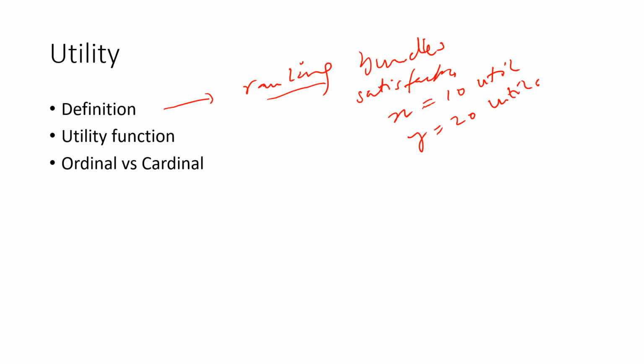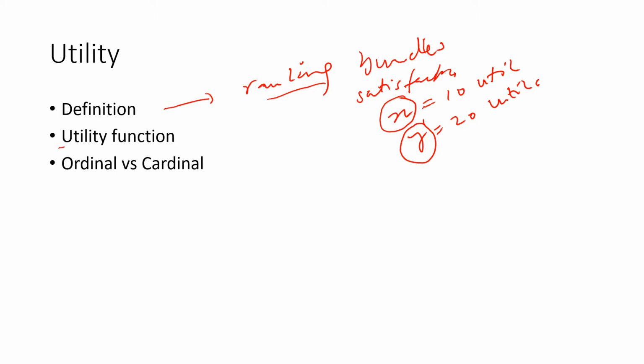So which of the two gives more utility to the individual? Obviously, bundle Y has more utility as compared to bundle X. So basically, utility is meant to rank the satisfaction of an individual that is achieved from consuming various bundles, and those bundles consist of combinations of various goods.